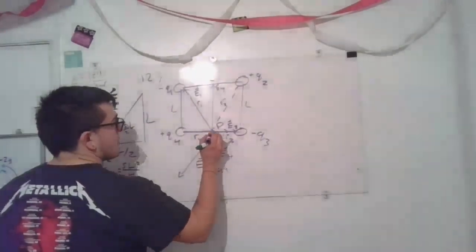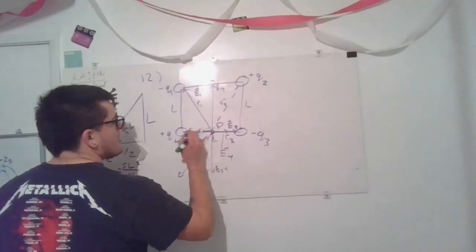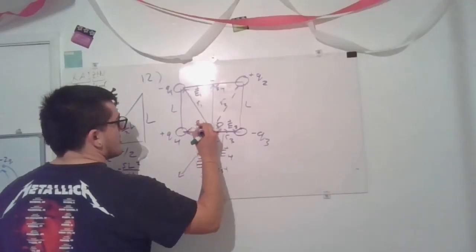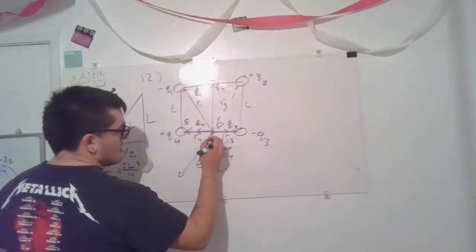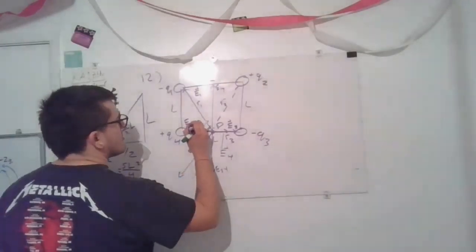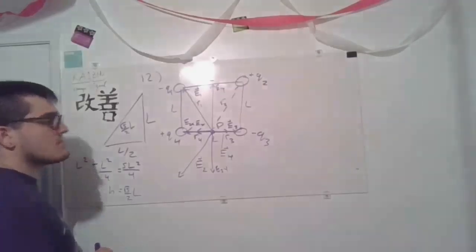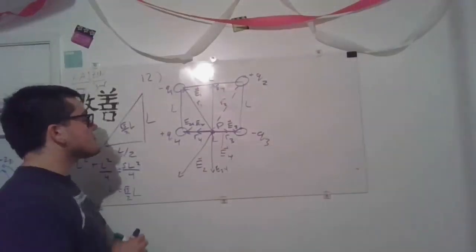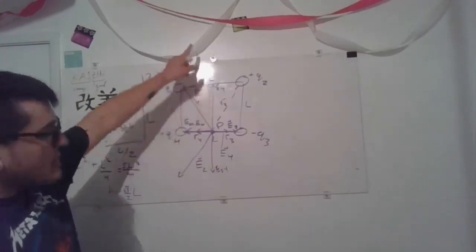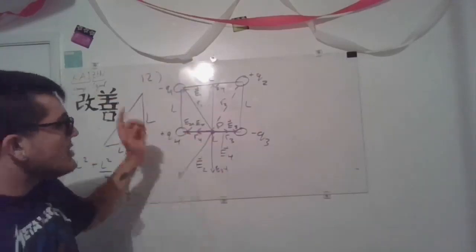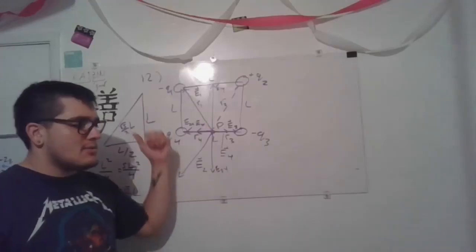And then this can be E1x and E2x. Right? So now I have everything. I see that I have E1y coming up, E2y going down, E3, E4, E1x, E2x.